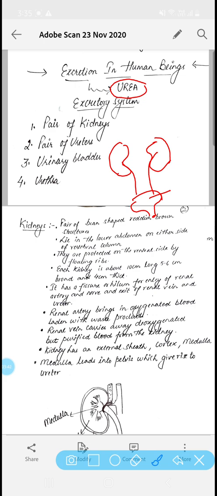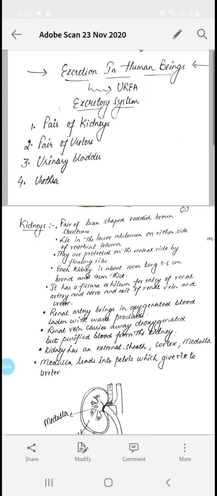Okay, and finally the urinary bladder opens in the form of a tube called the urethra. So I have drawn the rough diagram of the excretory system. You all have this diagram in your book at page number 49, figure 1.33, which includes all parts of the human excretory system.